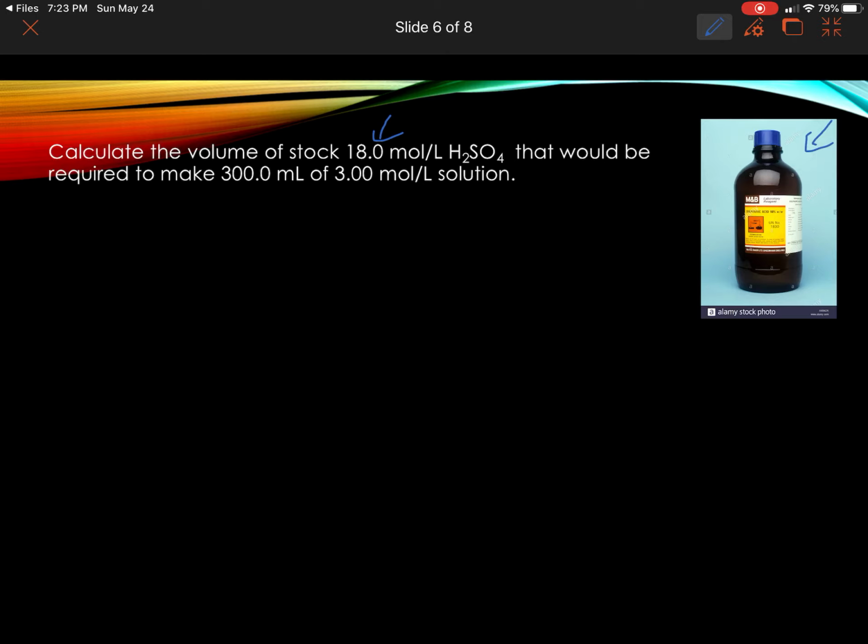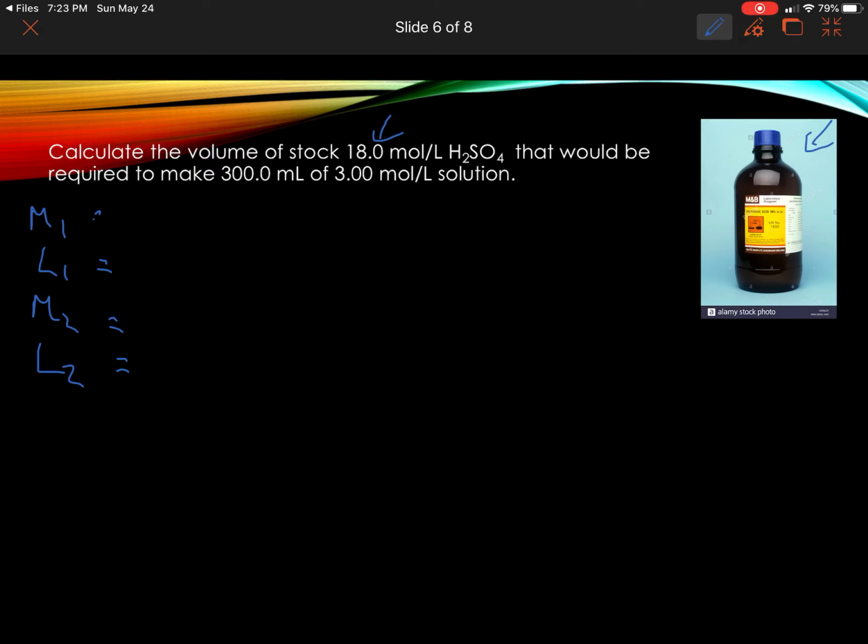So this whole 18 molar thing, that's really concentrated. In most lab work, you would never use something that concentrated. It wouldn't be necessary. So you would always want to be diluting it down. So that said, let's figure out our variables. Always a good idea. Variable list, right? So M1, L1, M2, L2.